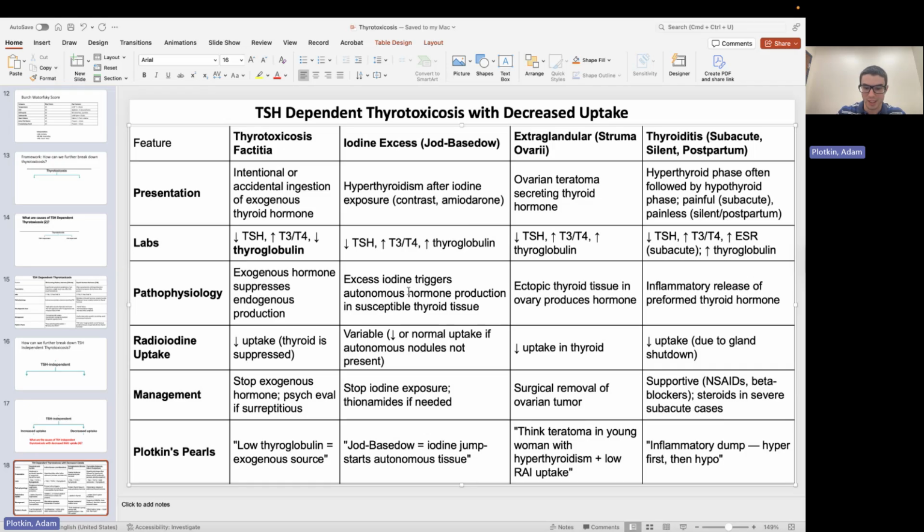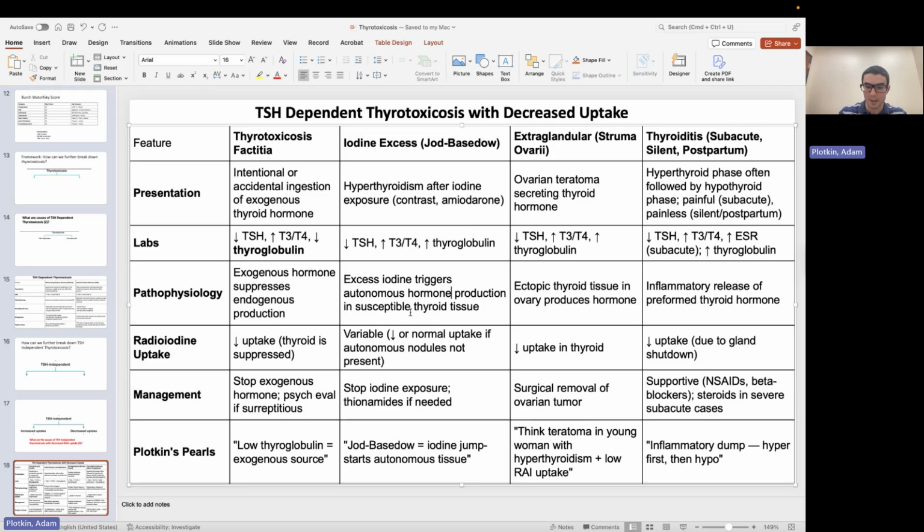The pathophysiology here is excess iodine triggers autonomous hormone production in susceptible thyroid tissue. So I give them enough iodine that it actually causes increased production of my thyroid hormone. And so in that case, the thyroglobulin is going to be elevated, all right? And it's going to be elevated because we're giving it the iodine it needs to make the hormone, all right?